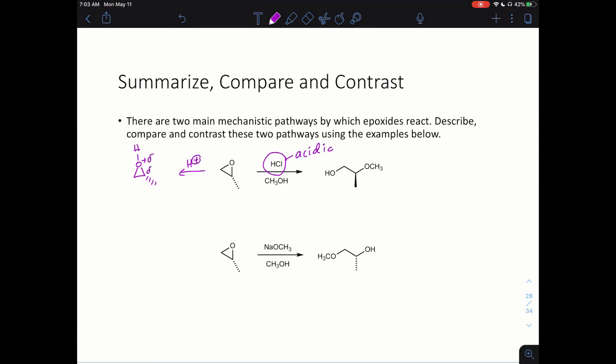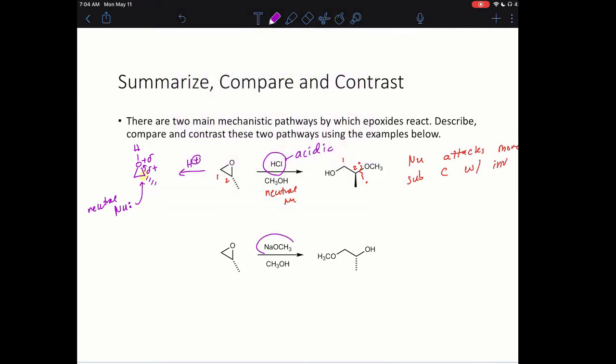And we said really there's this buildup of positive charge on the more substituted carbon. So then this neutral nucleophile attacks the more substituted carbon with inversion. So we see a bond formed under acidic conditions to the more substituted carbon with inversion.